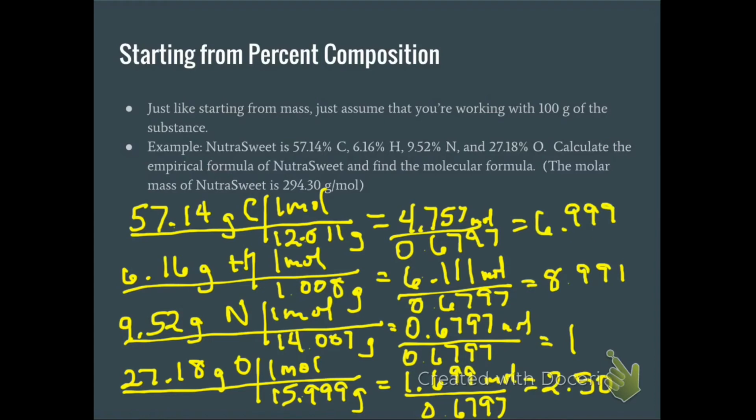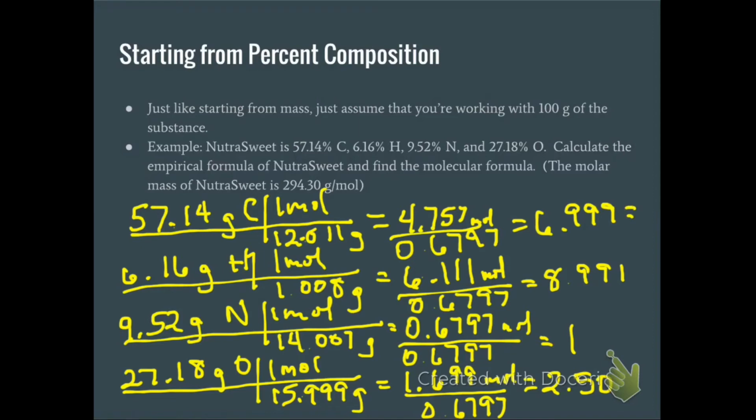And you'll notice, unlike the last couple of problems where everything worked out to whole numbers once you rounded it, 6.999 will round to 7, 8.999 will round to 9, 1 is 1, but 2.5 is too far to be rounded. So we want to make everything a whole number, so we're going to have to multiply everything by 2.